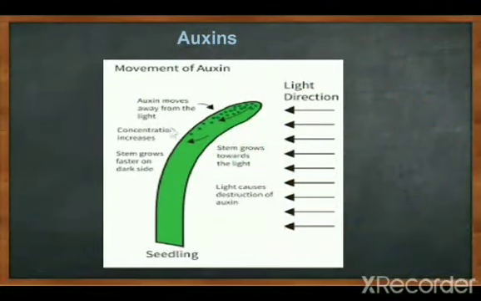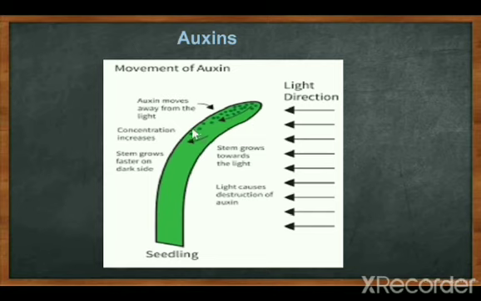As you see here, at the tip, auxin is present. Suppose this plant was straight at first, and at the tip there are so many auxins present. If the light comes from this direction, the auxin will move away from that side.